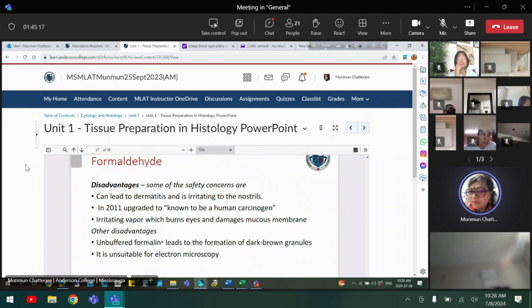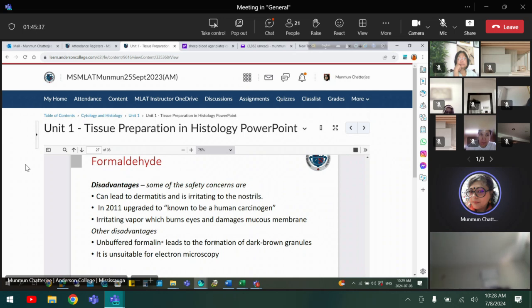So that's why you have to take very good protection so that you cannot get exposed through the nostrils or through the skin. Irritating vapors burn the eyes and damage mucous membranes.